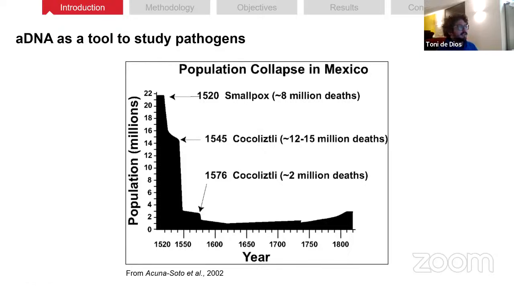Smallpox is one of those examples. But in this case, until really recently, those outbreaks were of unknown origin. Now we know that those outbreaks were associated with Salmonella enterica. So ancient DNA is a really powerful tool to get more resolution in order to discover ancient epidemics and their origin.